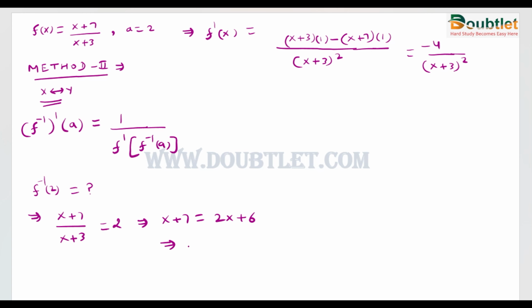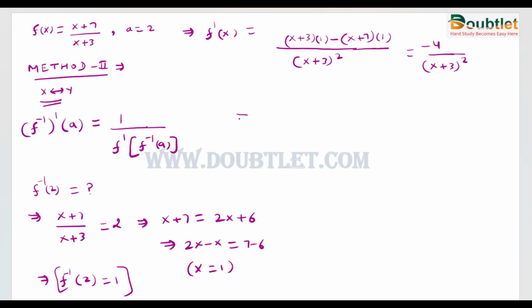If we take x to the right hand side, it becomes 2x - x = 7 - 6. So basically x = 1. So we can write f inverse 2 = 1. This means that if we put x = 1 in this function, we get the value of y, or f(x), as 2. This is the meaning of this basically.